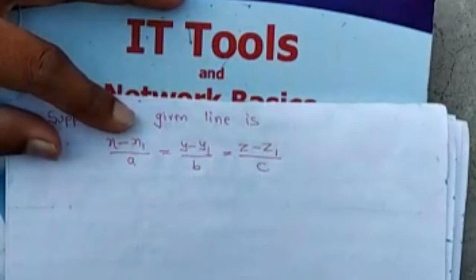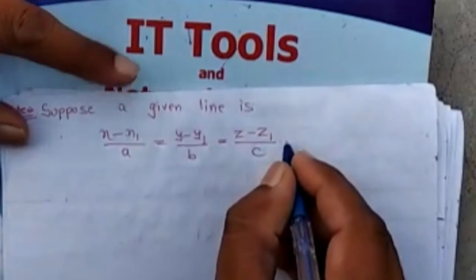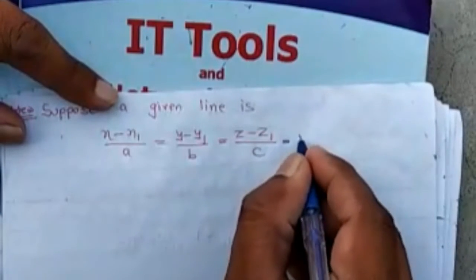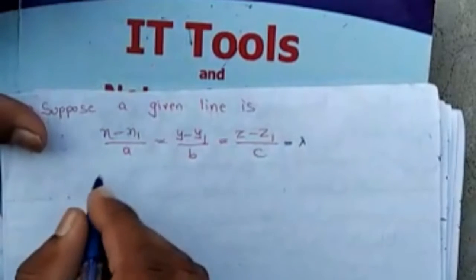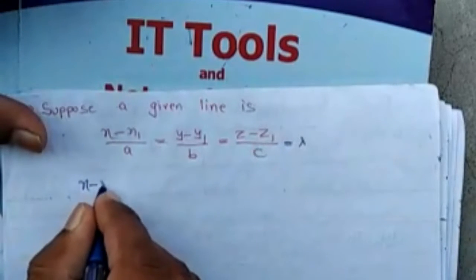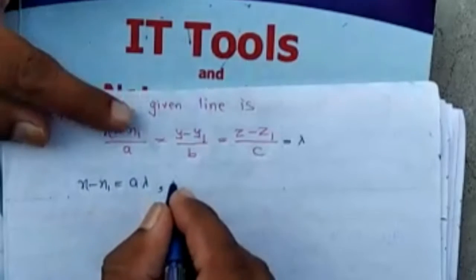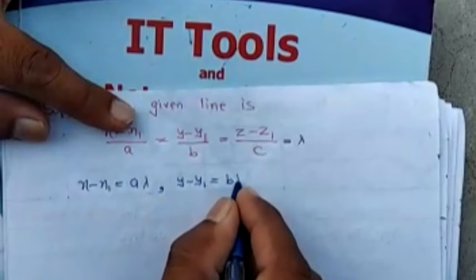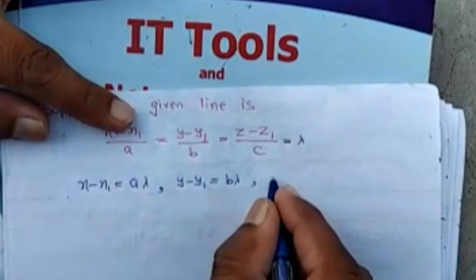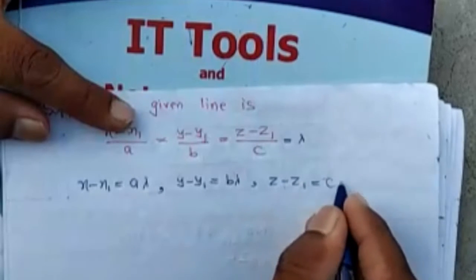Then, in order to find any point on this line, we firstly let it equal lambda. Then we find the value of x minus x1, which is a lambda, y minus y1, which is b lambda, z minus z1, which is c lambda.